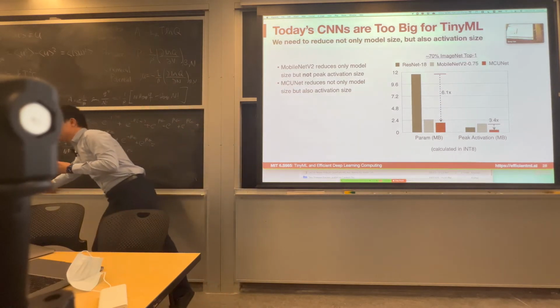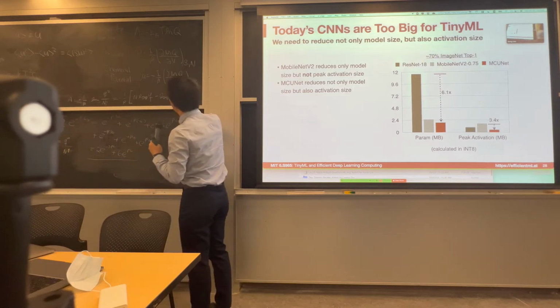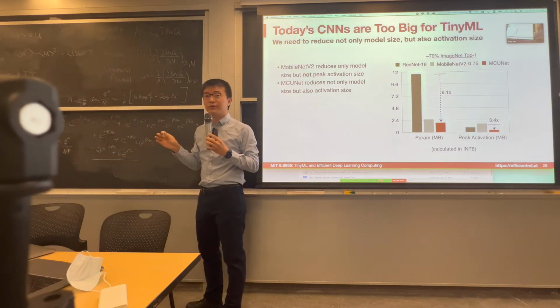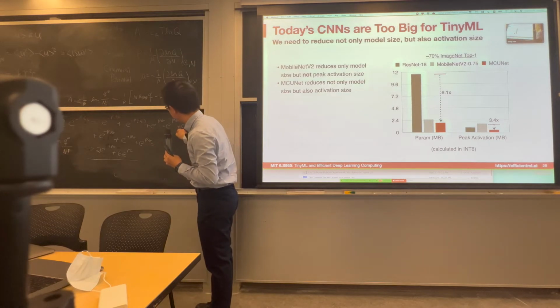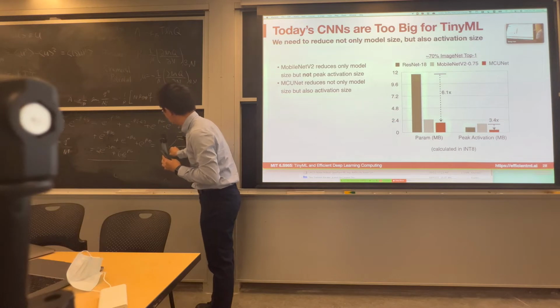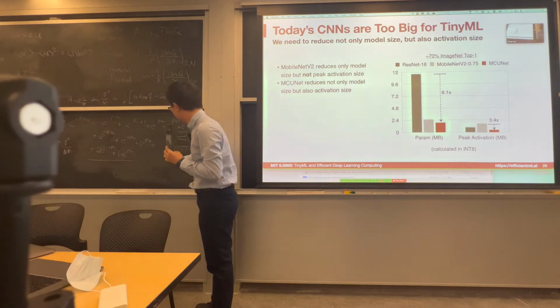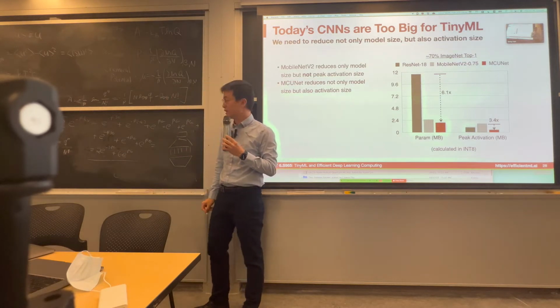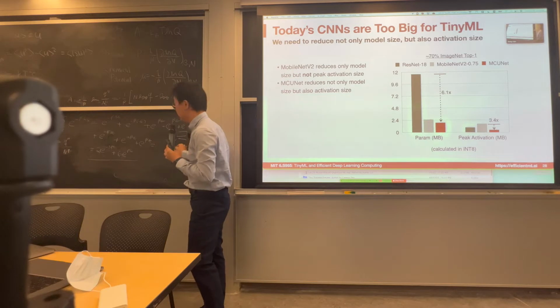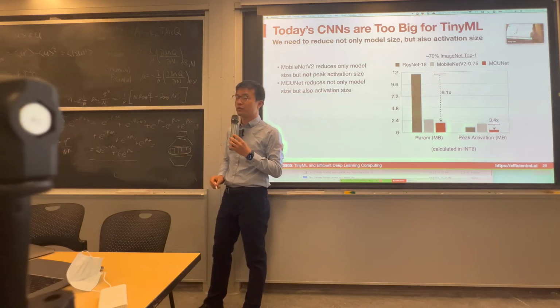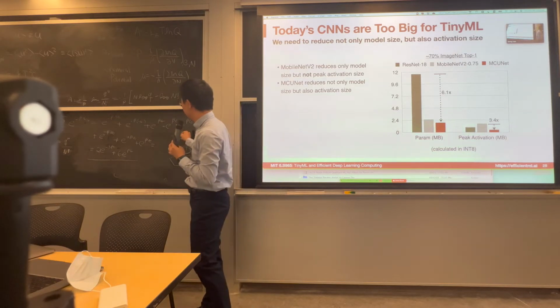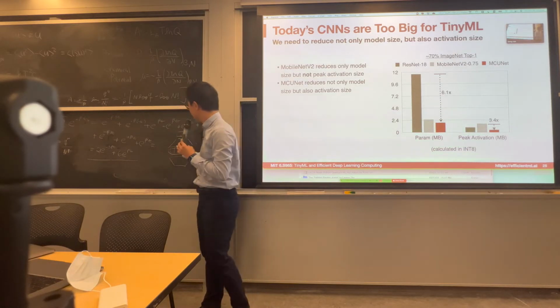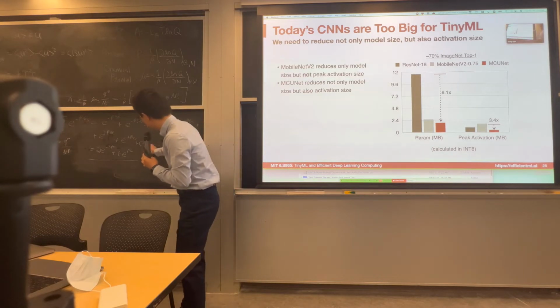Yeah, I see some confused faces, so let me repeat that. So for MobileNet V2, remember the structure is a 1x1 convolution followed by a 6x expansion ratio for the channels, followed by another 1x1 layer, right? So this layer is a depthwise 3x3 convolution. The number of channels is 6 times larger than its input. So that's the reason it's called an inverted bottleneck. So bottleneck is like this, right?